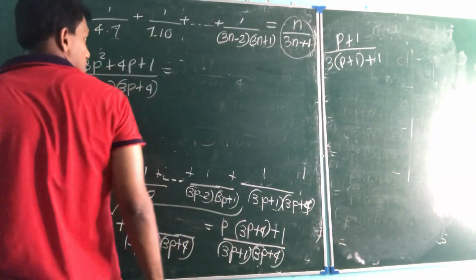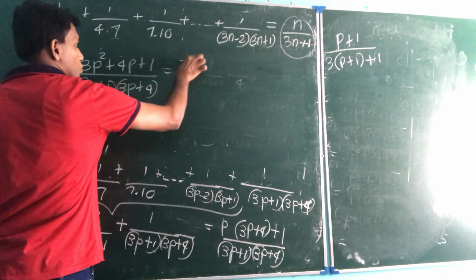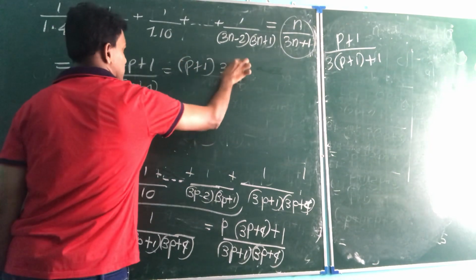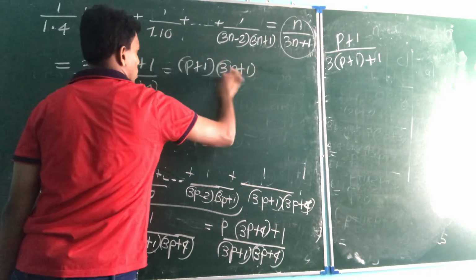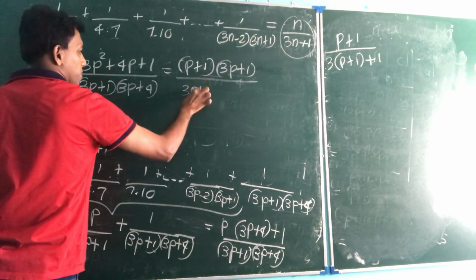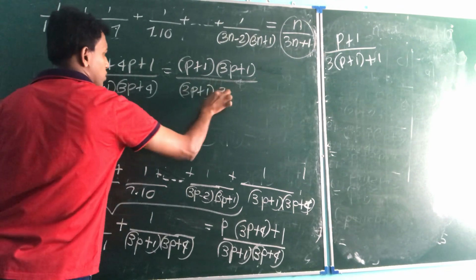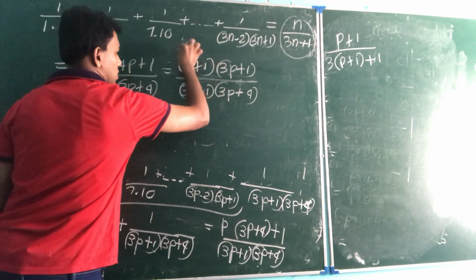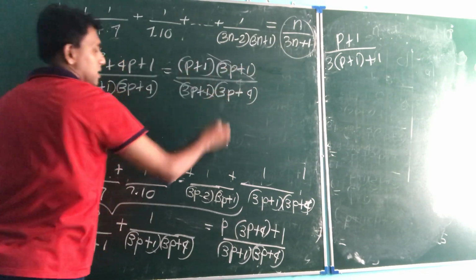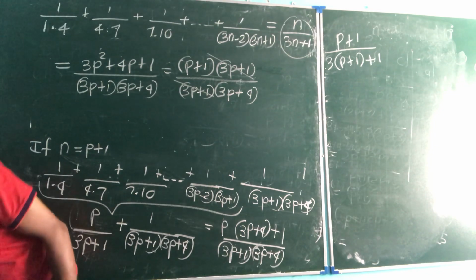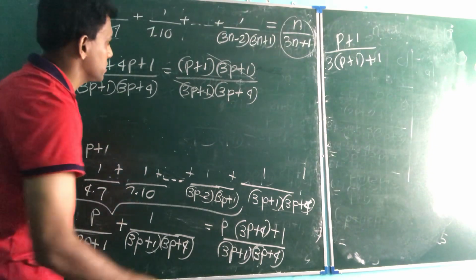It becomes (p plus 1) into (3p plus 1), over (3p plus 1) into (3p plus 4). See, this cancels. What remains is the answer. That's the expected answer.